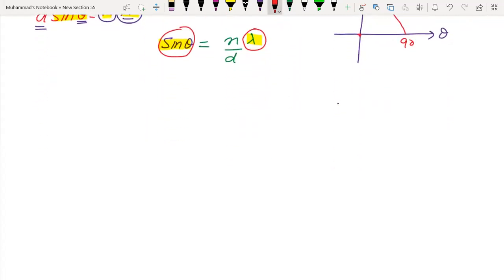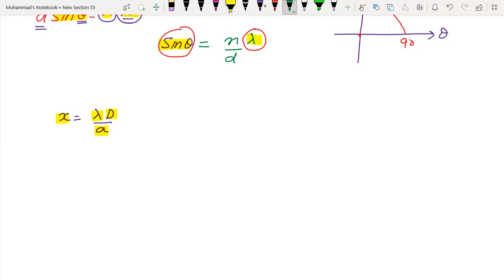And you know that in double slit, the fringe spacing, the distance between two bright fringes or between two dark fringes, is x equal to lambda d over a, where d is the distance of the screen from the double slit, x is fringe spacing, a is the distance between two slits, and lambda is wavelength.